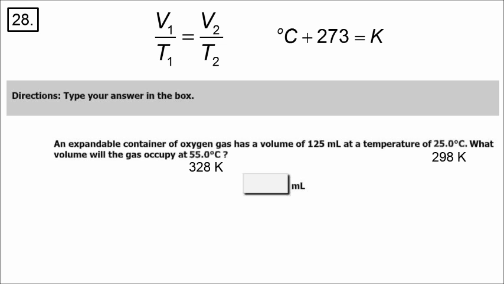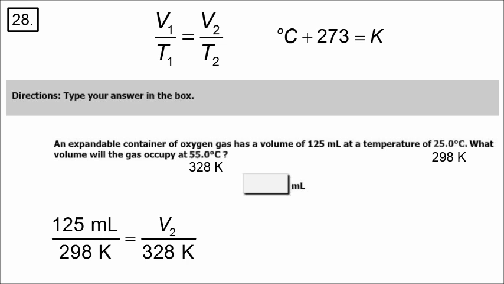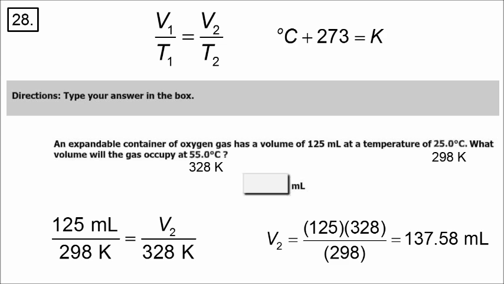So we're going to set up V over T equals V over T. So 125 milliliters over 298 Kelvin equals the new volume, which should be larger than 125 mL, over 328 Kelvin. So to solve for V2, it's 125 times 328 divided by 298. We get 137.58. Let's round this off to 3 significant figures. So the answer is 138 milliliters.